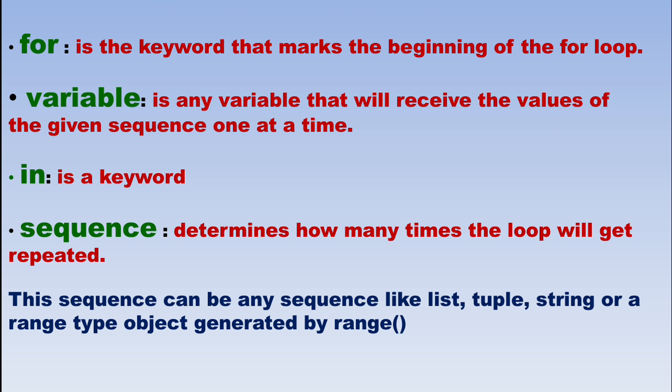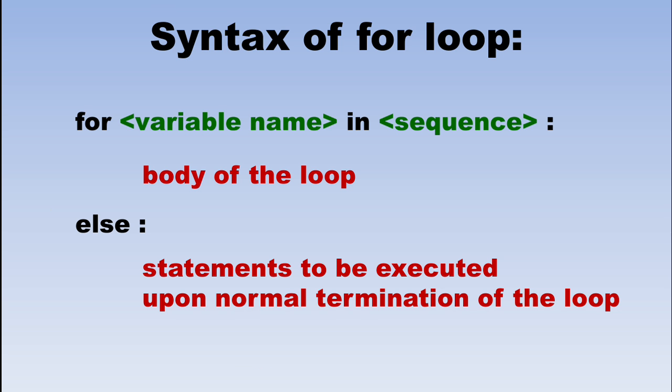The header begins with a keyword and ends with a colon, and then you have a set of statements in the body which are indented at the same level. Here also you can see that for is a keyword, then the colon, and then an indented body. So the for loop is actually a compound statement.